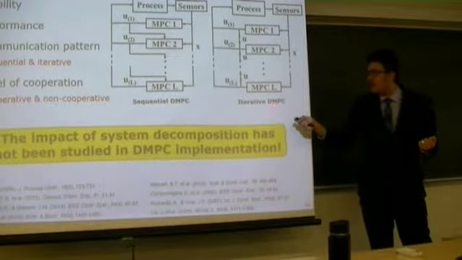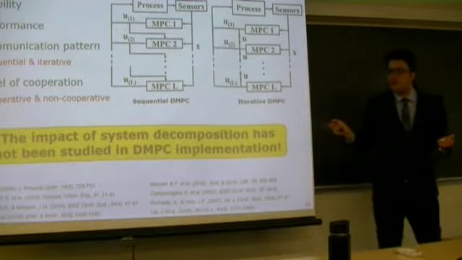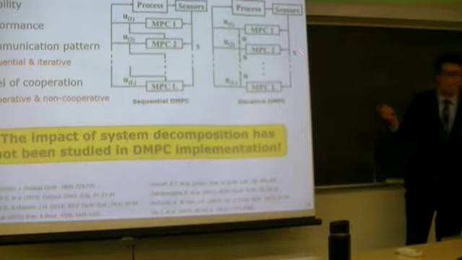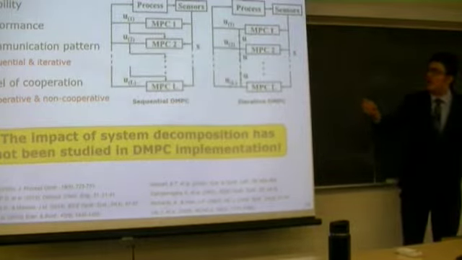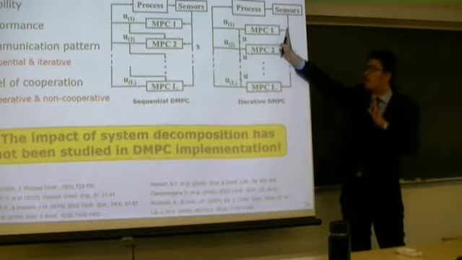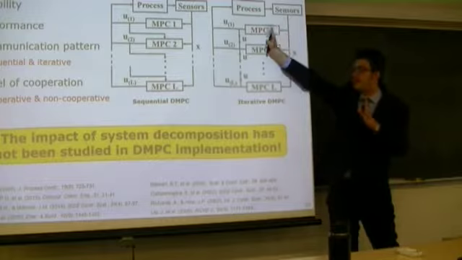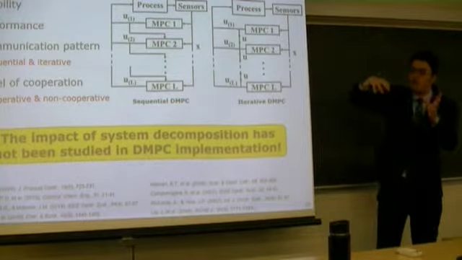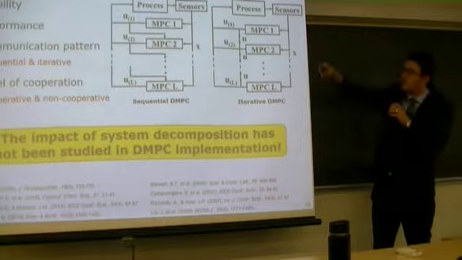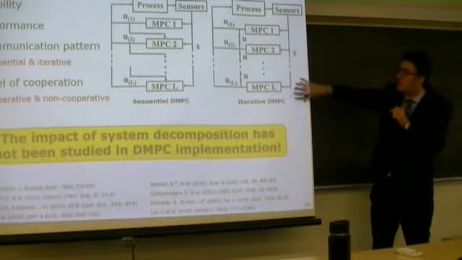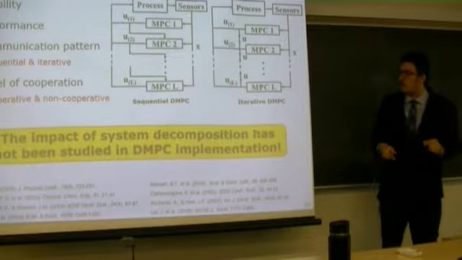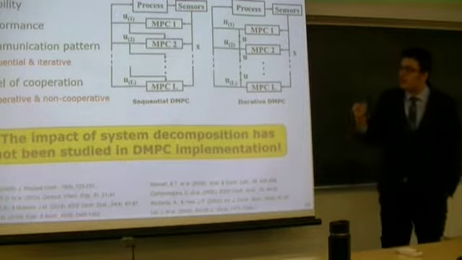However, in iterative distributed model predictive control, we could take advantage of parallel processing of local controllers and, for example, solve the dynamic optimization problem at one setting, and then share information and repeat those dynamic optimization problems until convergence. So we could take advantage of parallel processing for this type of control architecture.